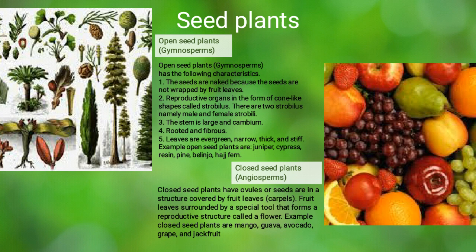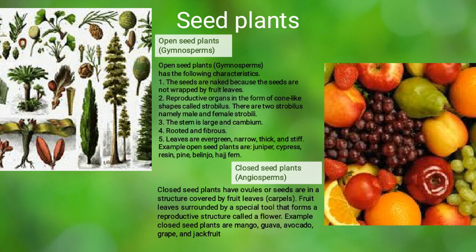The next, roots are fibrous. And the last, leaves are evergreen, narrow, thick, and stiff. Examples of open seed plants are juniper, cypress, resin, pine, melinjo, and hedge fern.